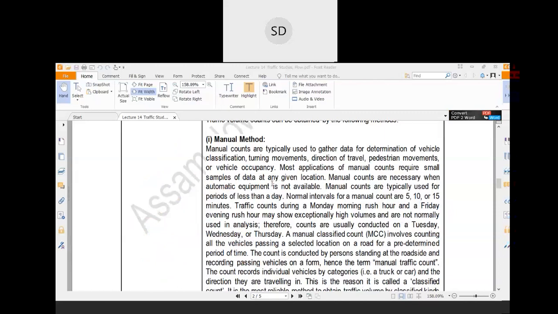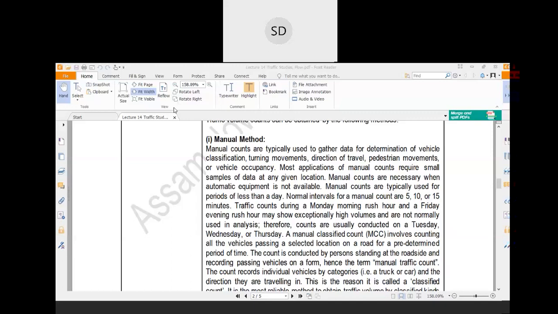Now another thing is that suppose you need to collect the traffic volume data from morning 6 to evening 6. In the manual count method, it is not possible to take data for this whole 12 hours. Therefore, in each and every hour, you can choose either 5 minutes, 10 minutes or 15 minutes for your survey.